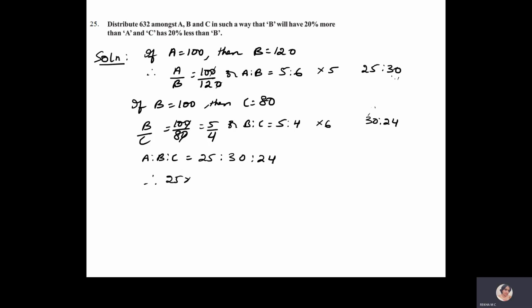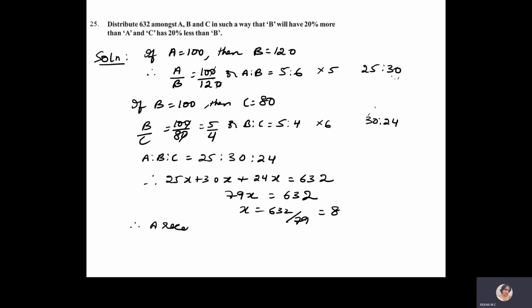Therefore, I can take 25x plus 30x plus 24x is equal to the total, 632. So 79x is equal to 632. X is equal to 632 divided by 79, that is equal to 8.